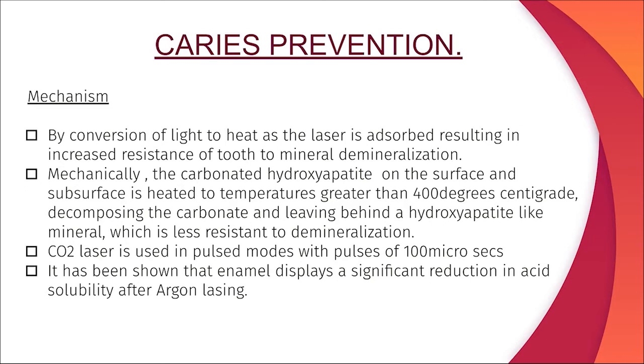We know the tooth structure is composed of carbonated hydroxyapatite crystals. When a temperature greater than 400 degrees centigrade is reached by the laser, the carbonated hydroxyapatite on the surface and subsurface gets heated up, decomposing the carbonate and leaving behind a hydroxyapatite-like mineral which is less susceptible to demineralization.